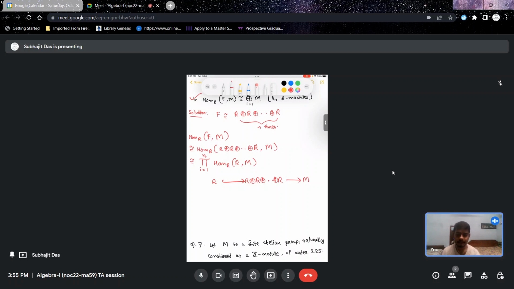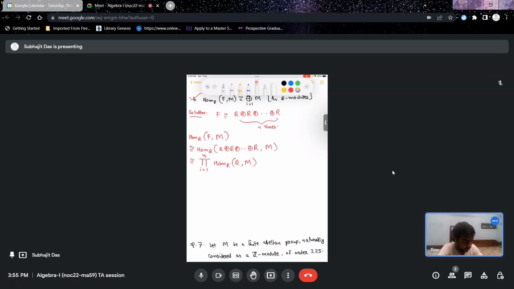This is what I am trying to say. So getting n maps from R to M is the same as getting a single map from R ⊕ ... ⊕ R to M.